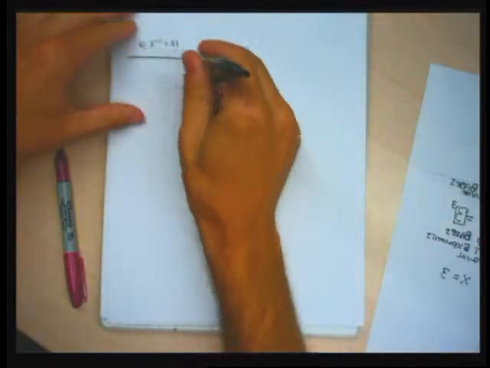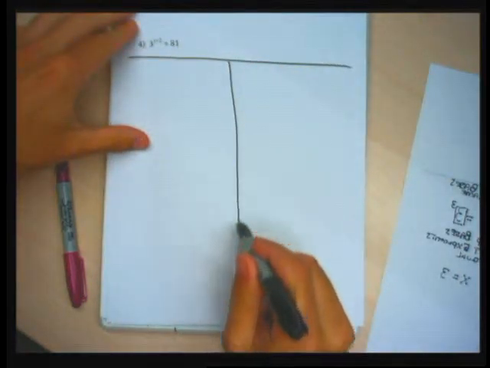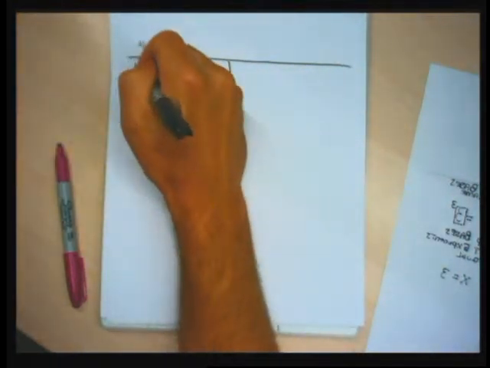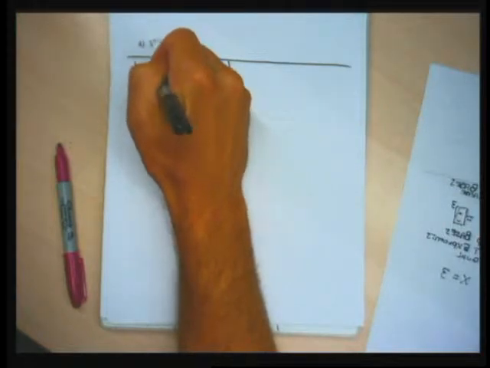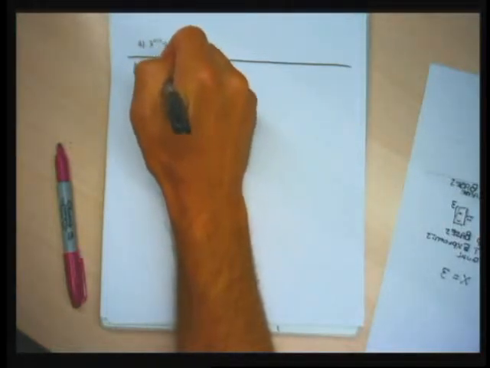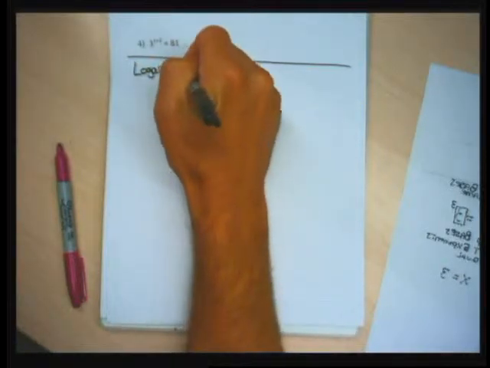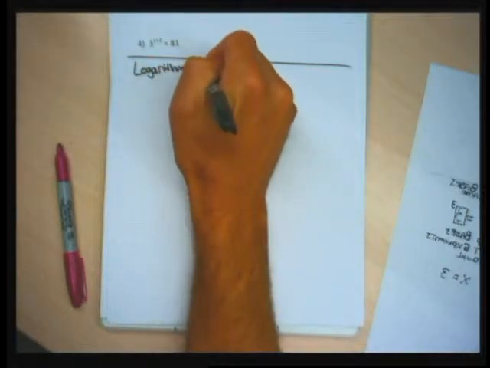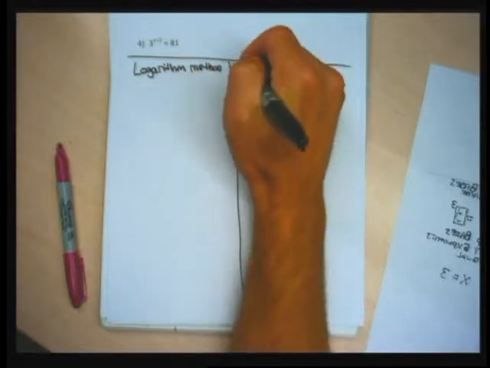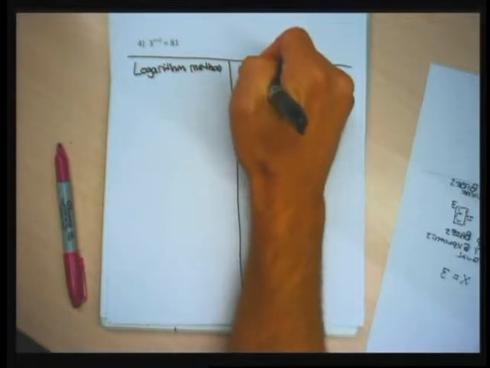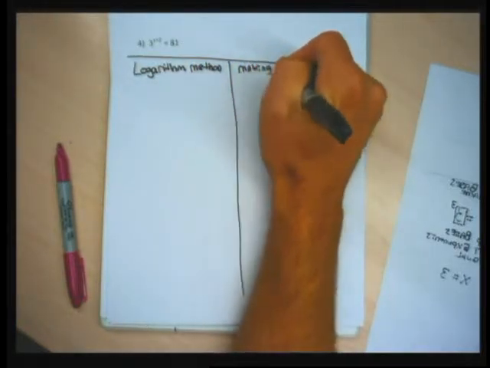Problem 4, I'm going to use both strategies again. And when I solve a problem with an equal sign, I always check my answers if at all possible. So first I'm going to use the logarithm approach, and then I'm going to use the making the bases the same approach.